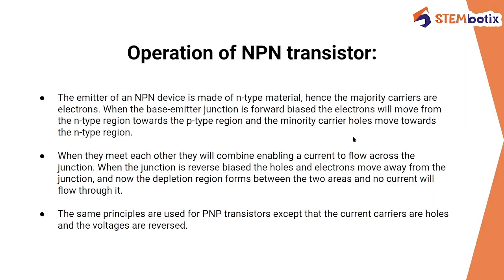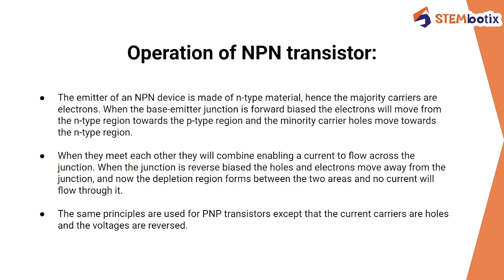As it is forward biased, the electrons will move from the N-type region towards the P-type region and minority charge carriers move towards the N-type region. So conduction happens here. When they meet each other, they combine, enabling a current to flow across the junction.